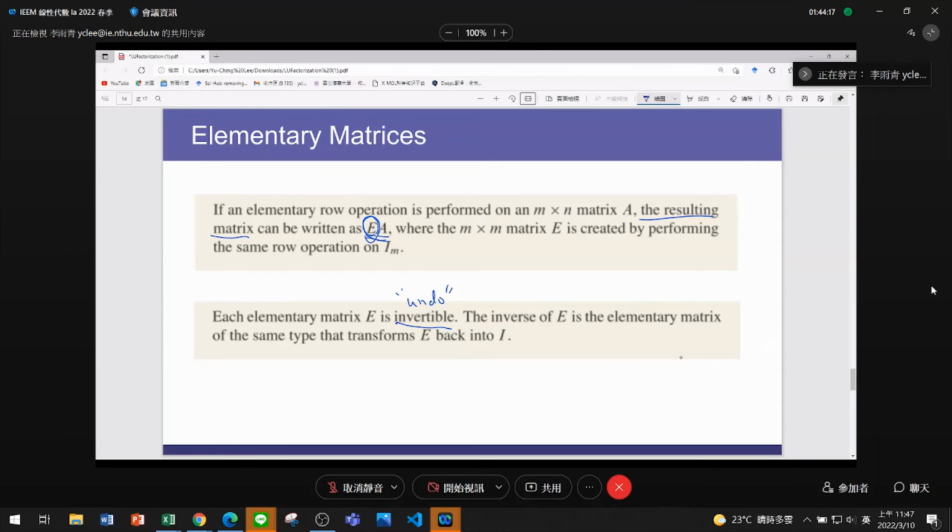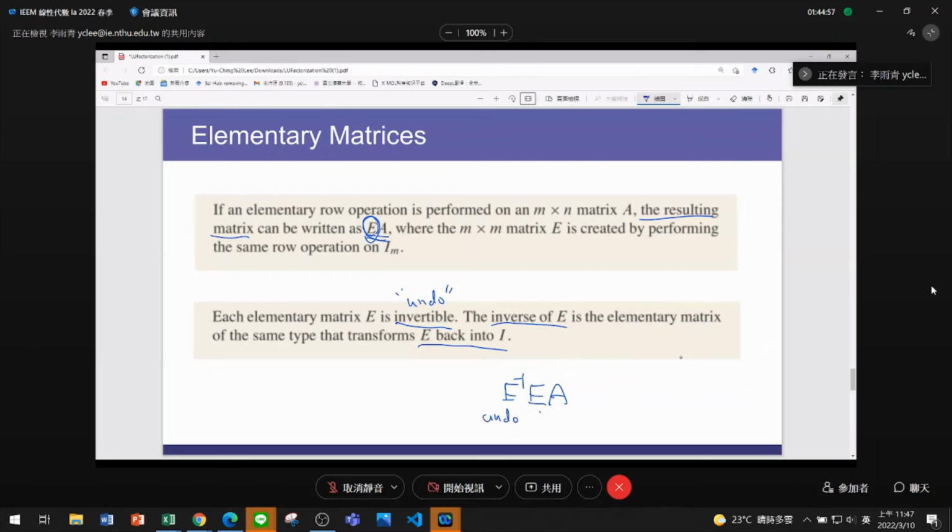Okay, the inverse of this elementary matrix transforms E back into identity matrix. So if we have an A matrix, and then we want to do some row operation on it, it means that we are multiplying it on its left-hand side by a matrix E. And if we want to undo it, we further multiply the E inverse to it, and it means undo.